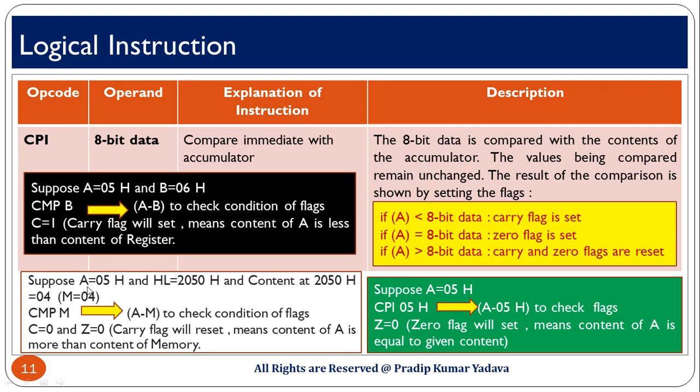Here you can see A equal to 05 and the content of this is 04. When you subtract A minus 04, the carry flag will be reset and the zero flag will also be reset, which means the content of the accumulator is larger than the given content of register or memory.